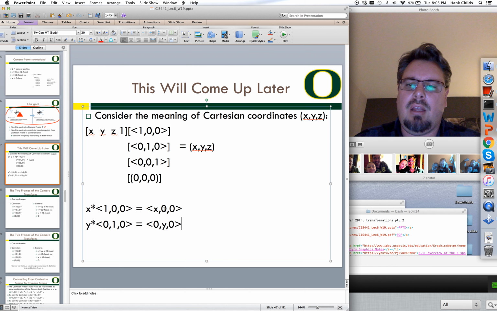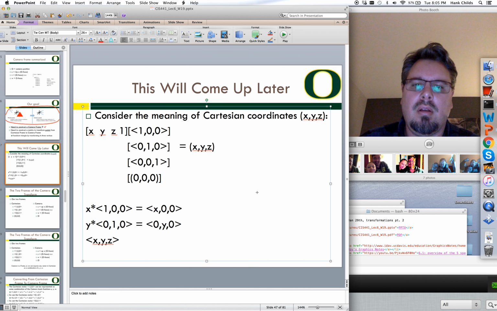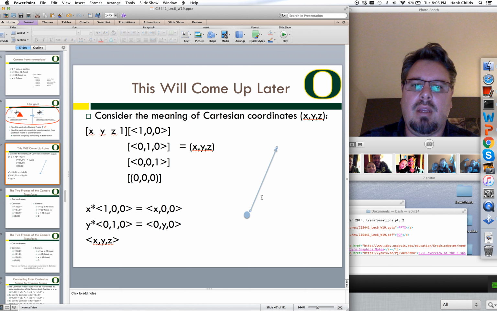And then if you add the 3 vectors together, you get the vector x, y, z, and if it's relative to the point 0, 0, well then you've got some point. Here's the point 0, 0, the origin, and then you've got some vector that goes in the direction x over and y up and z out, and this is the origin. And so this final thing, the vector x, y, z relative to the origin, is exactly the coordinates x, y, z. But it takes a lot of thinking about the machinery underneath.